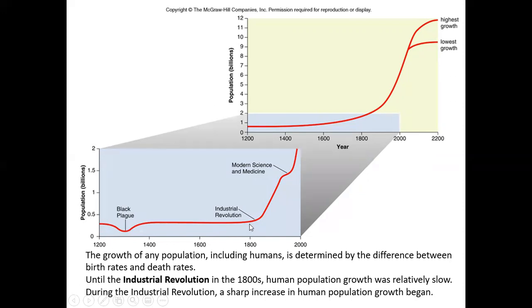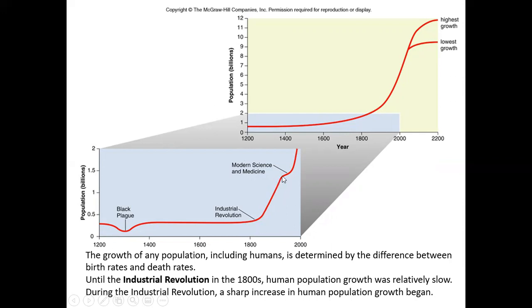But then you come along about the 1800s and you get something like the Industrial Revolution, and you get things like the ability to transport food or to produce greater food supplies and housing and things like that, and refrigeration. And you're able to basically make this curve go straight into the exponential growth phase.